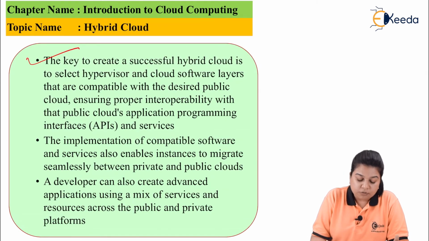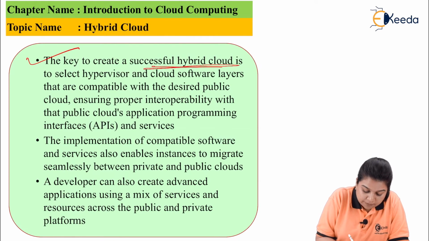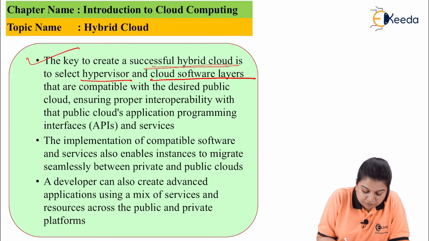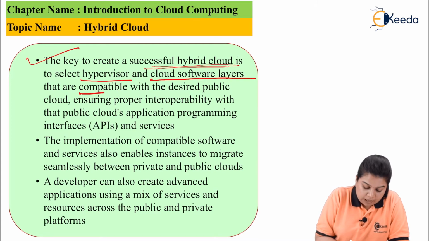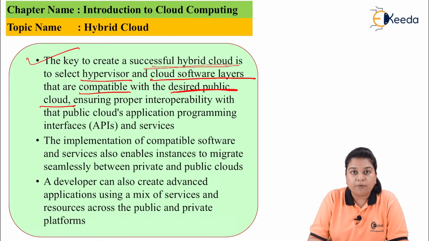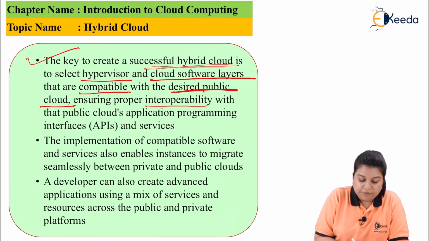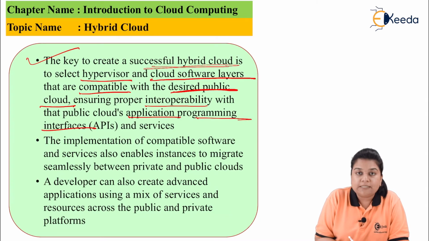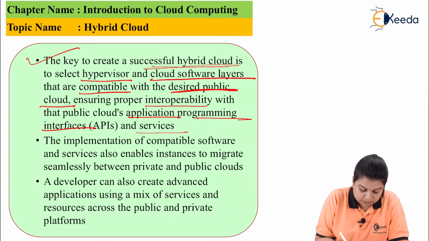The key to creating a successful hybrid cloud is to select the hypervisor and cloud software layers that are compatible with the desired public cloud, ensuring proper interoperability with that public cloud's application programming interfaces, that is APIs, and services.